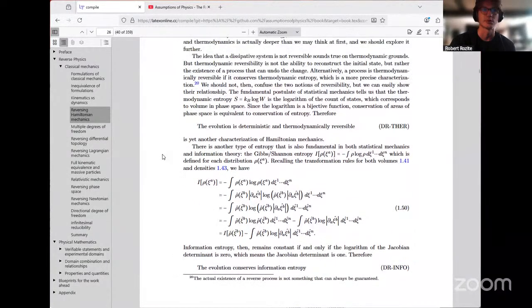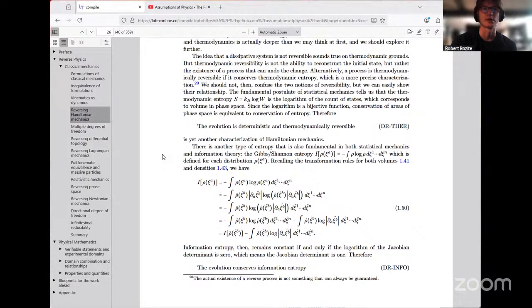In footnote 20, the actual existence of a reverse process is not something that can always be guaranteed. We should not then confuse the two notions of reversibility, but we can easily show their relationship.